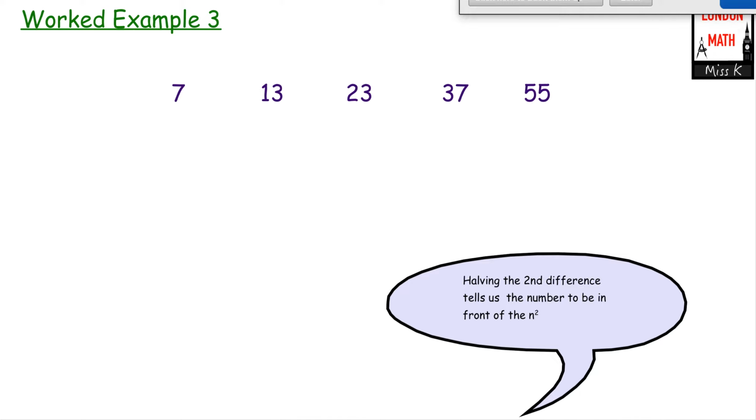Okay, so let's have a look at this sequence here: 7, 13, 23, 37 and 55. What I'm going to do is quickly work out the first difference and inspect if it is a quadratic.